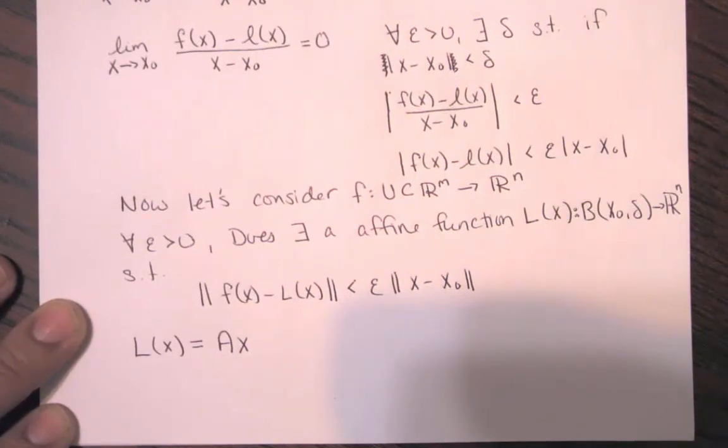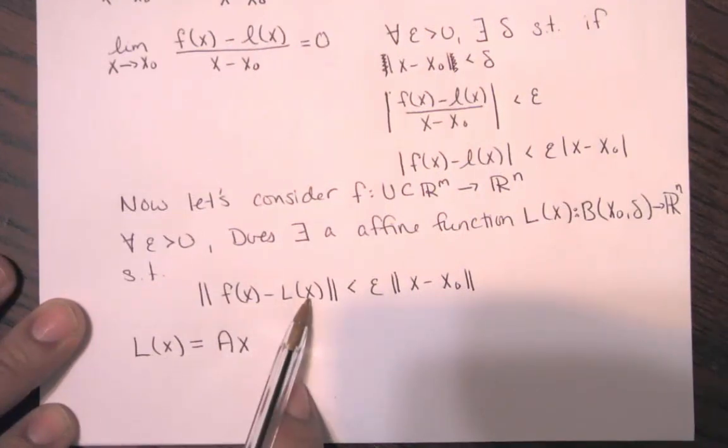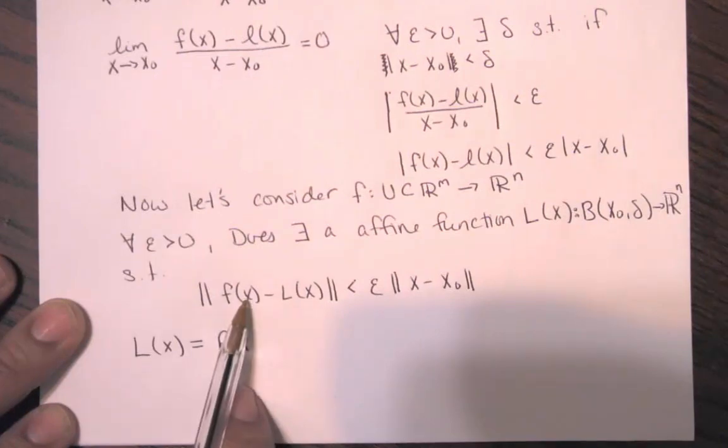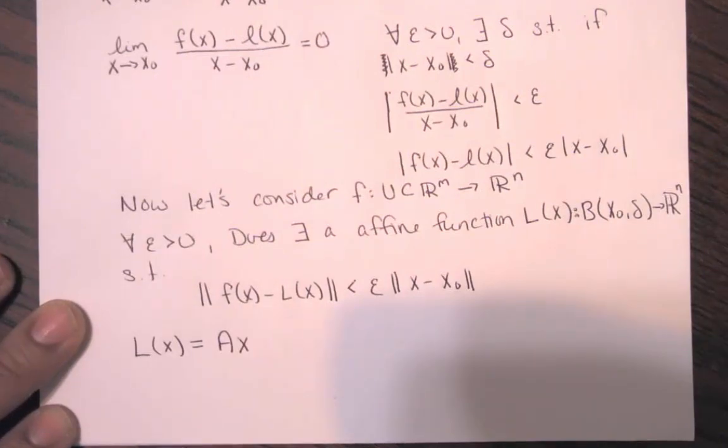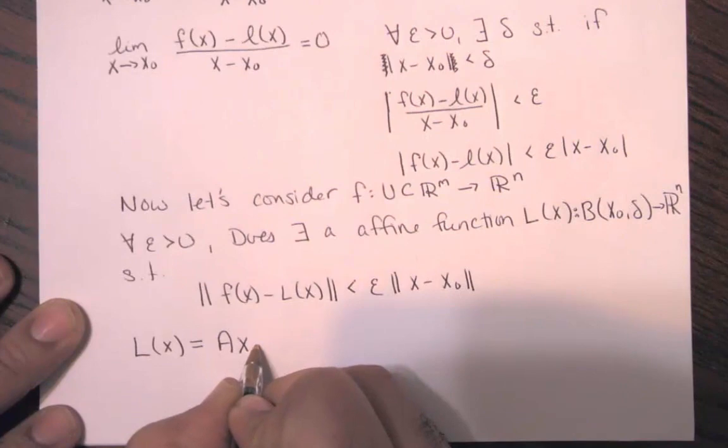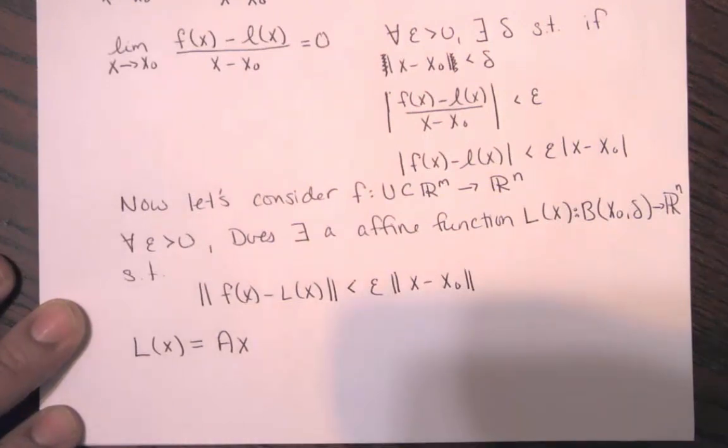And so because it's affine, it's a matrix plus a constant. Now remember, I need L of x naught to equal f of x naught. So if I evaluate at x naught, I need to get f of x naught.